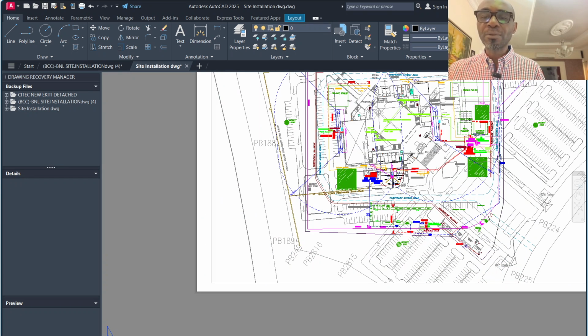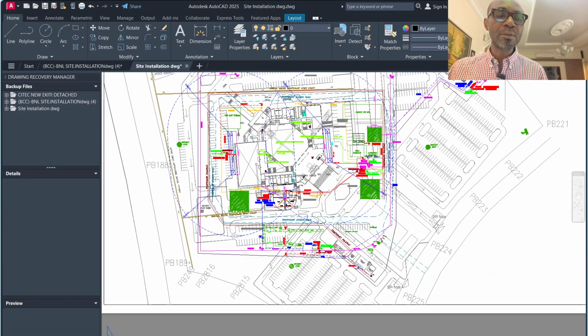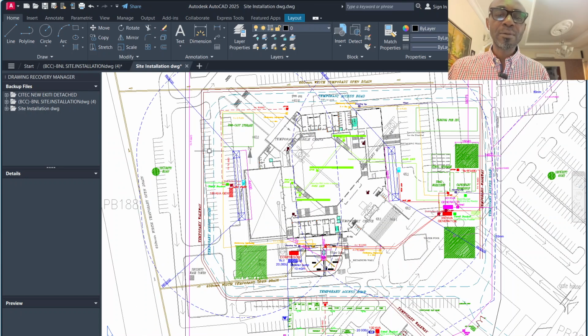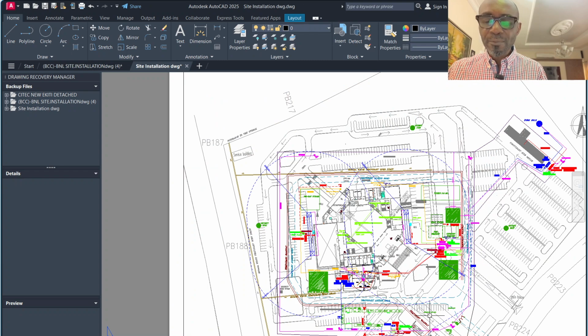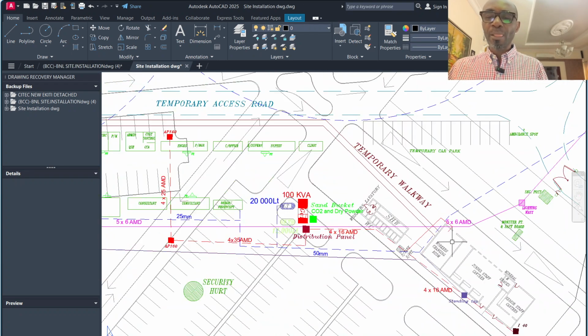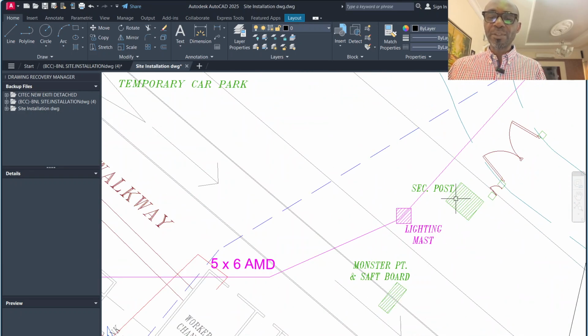The temporal road is running round, going around the site. Definitely, it's coming out here where we have the gates. This is the gate, and this is a security post.